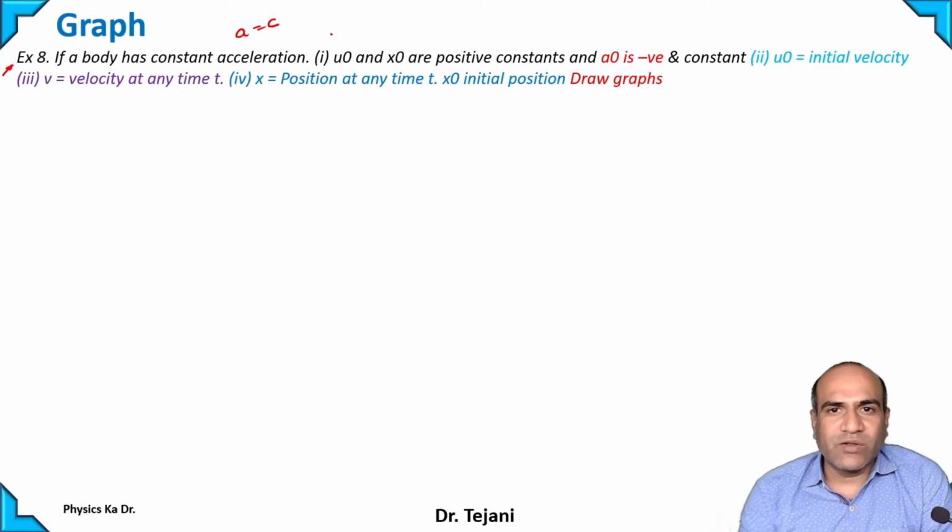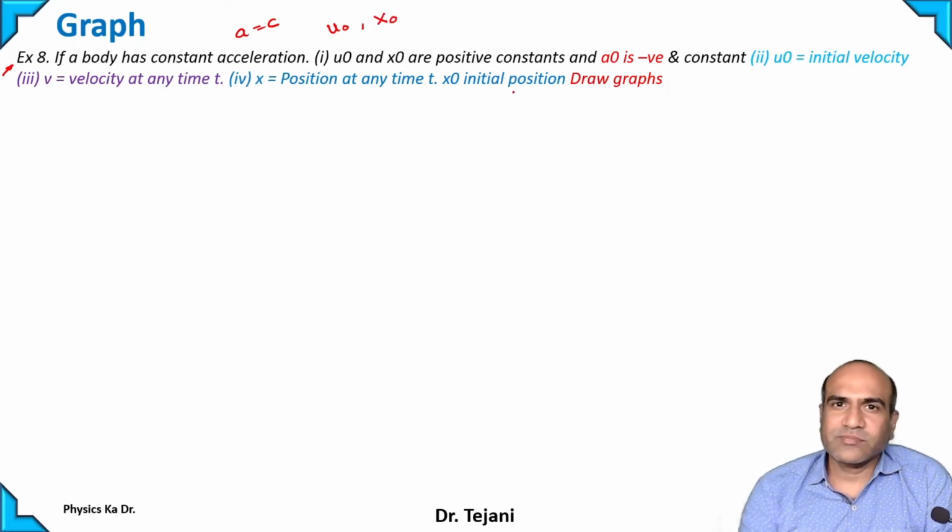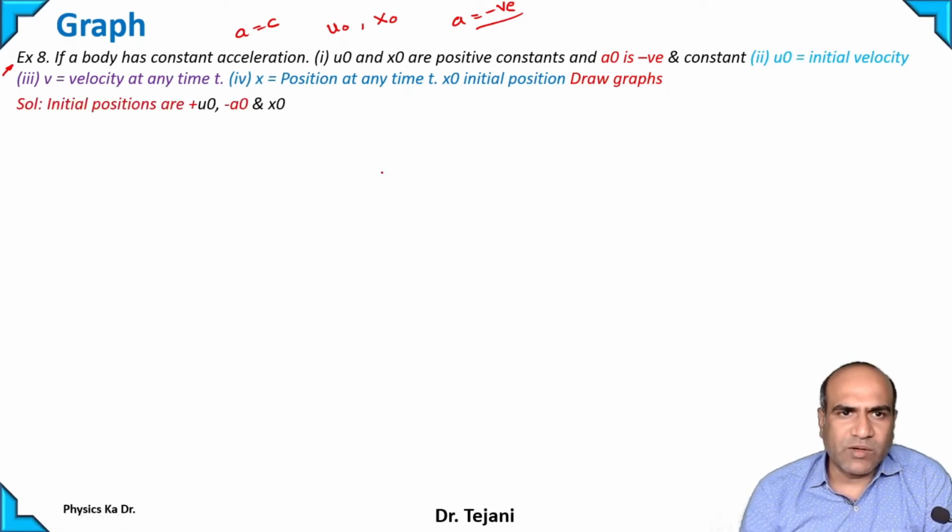So initial velocity u0 and initial distance x0 both are positive, and a is negative. Acceleration is negative and constant. Fine. So it is given here. Let's solve this problem.